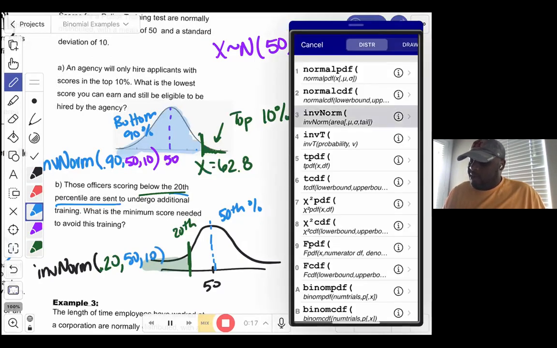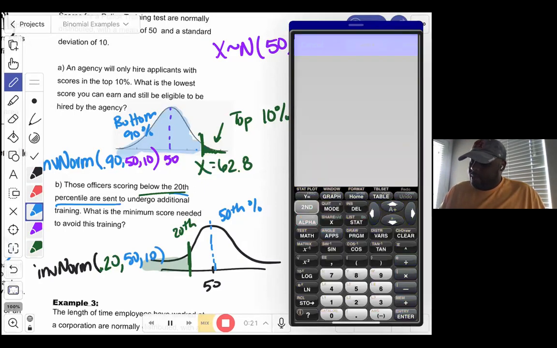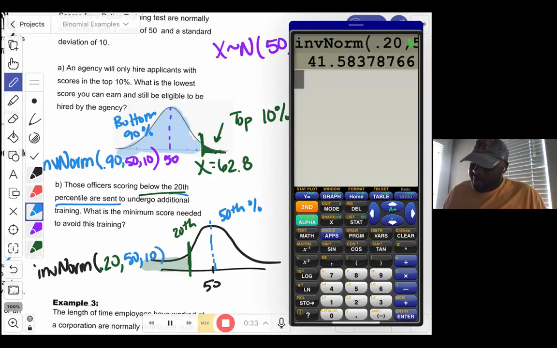So second bar is inverse norm. 0.2, because I'm looking at the 20th percentile. 50 is the mean, standard deviation 10. And I get 41.58. So this value right here, value X is equal to 41.6.